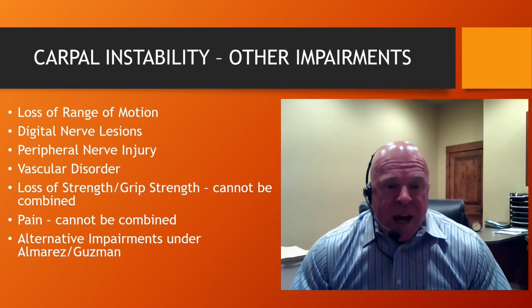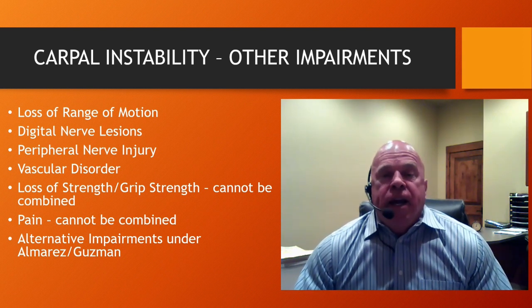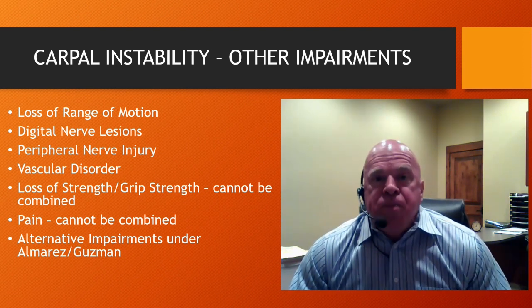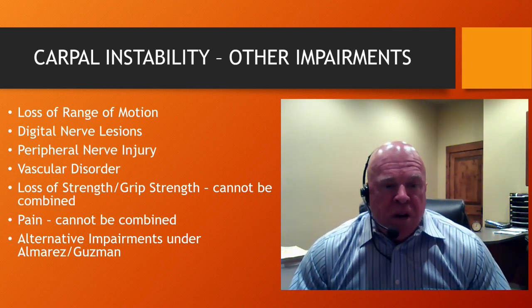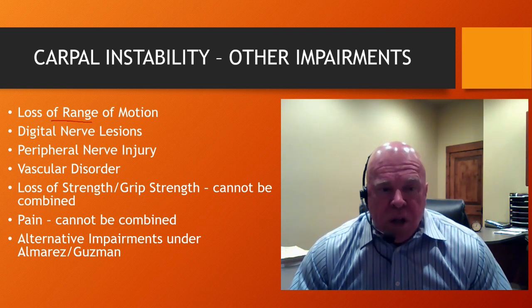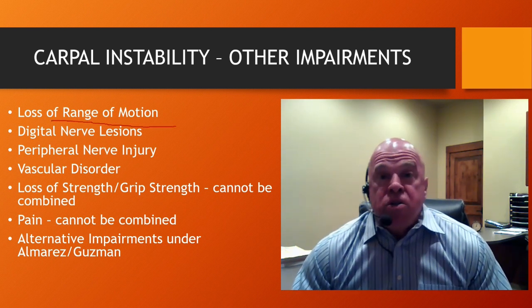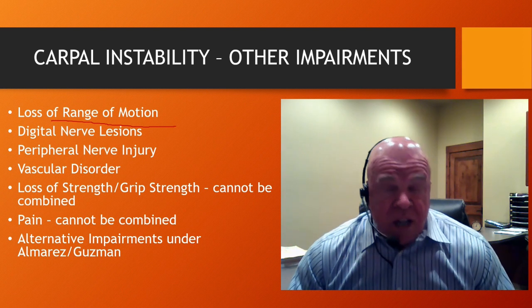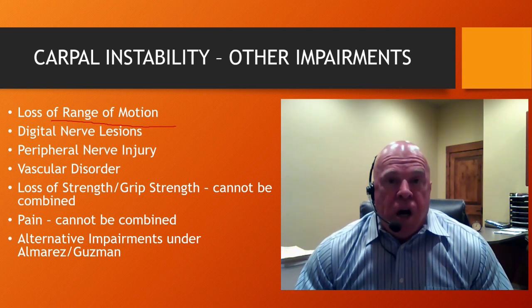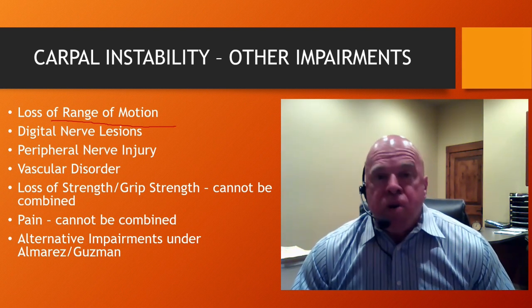Well, this is not an exhaustive list, and your findings may vary, but some of the types of impairments may include a loss of range of motion of the wrist, either excessive range of motion or perhaps reduced range of motion.